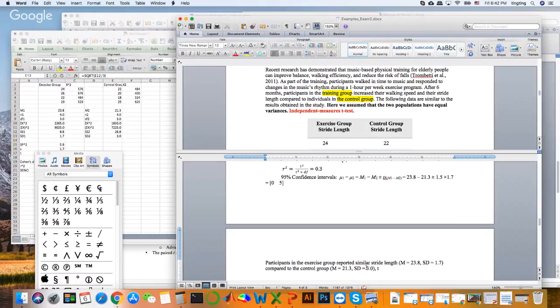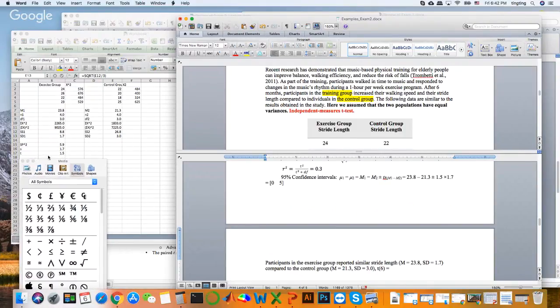Then we need to report the T, degree of freedom, which is 6. What's our answer? T equals to 1.5, because it's not in the critical region, so P greater than 0.05.